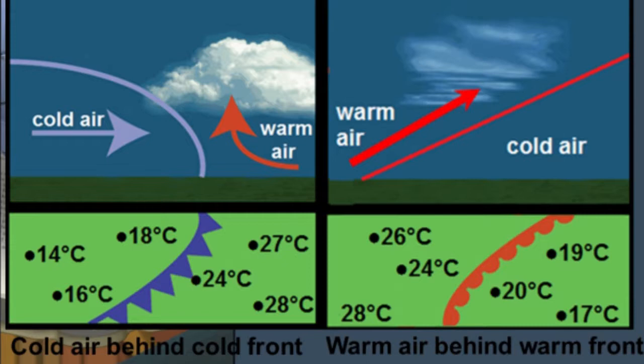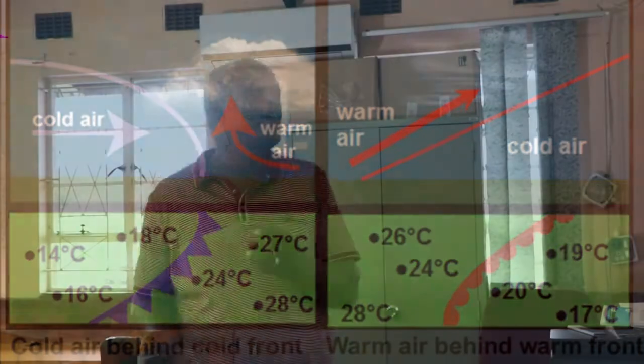The air in the warm sector is hot, definitely, we saw the temperatures, they were high. The air behind the cold front is cold, yes, lower temperatures behind the cold front. And as the system moves eastwards, that is why temperatures, they do what? They change from being moderate to hot and then cold.